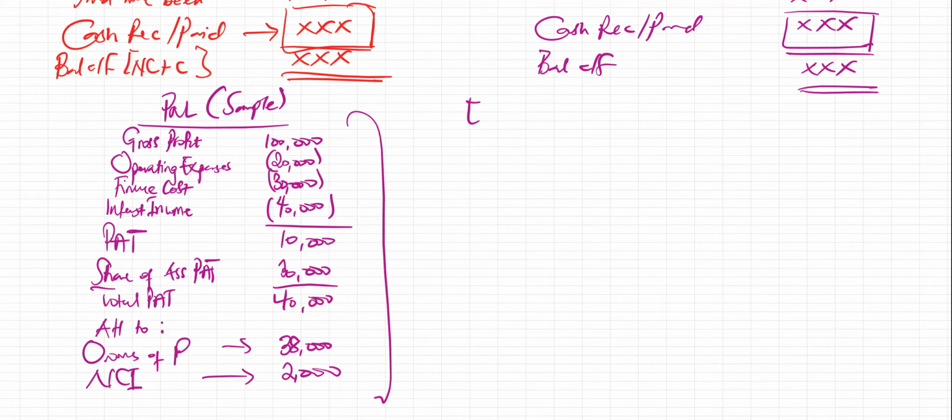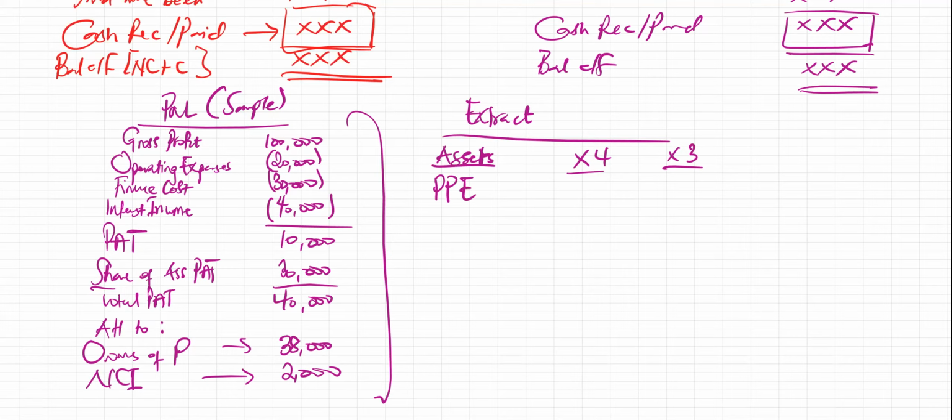Then let's go to the extract of the balance sheet. I want to show you something. Under assets, let's say we have 20x4 and 20x3. We have PPE, 100,000 and 80,000.